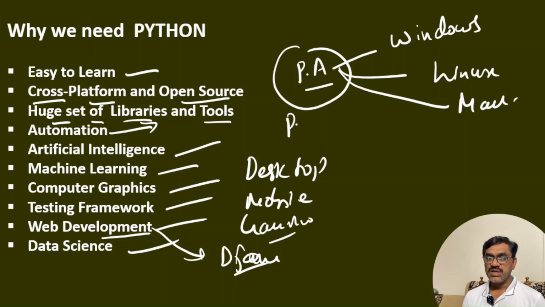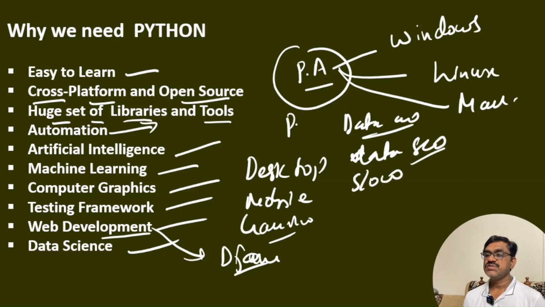Now, another important thing is if you want to have high paying jobs or the best career, learn Python. You can have the following careers if you know Python. You can become a data analyst, a data scientist, and an ordinary software engineer.